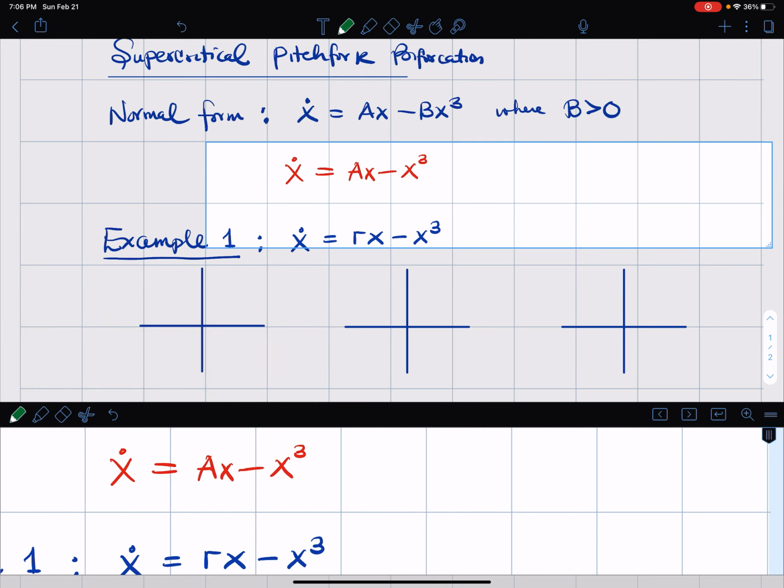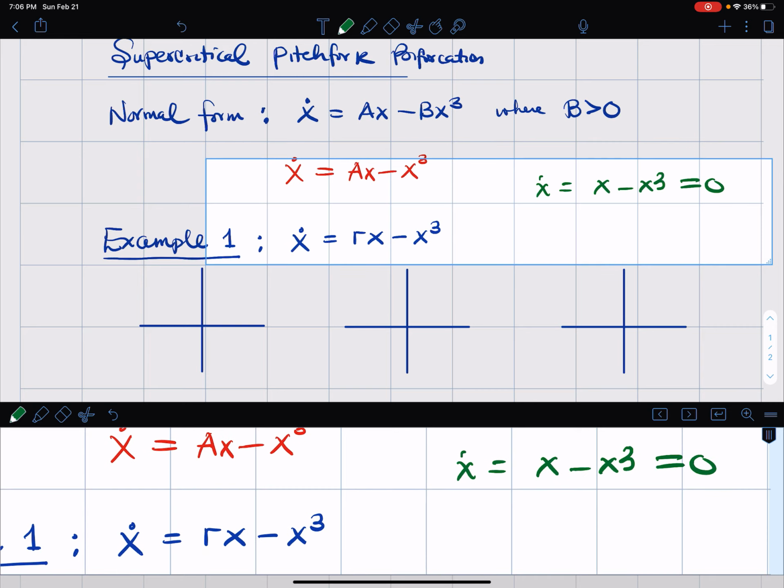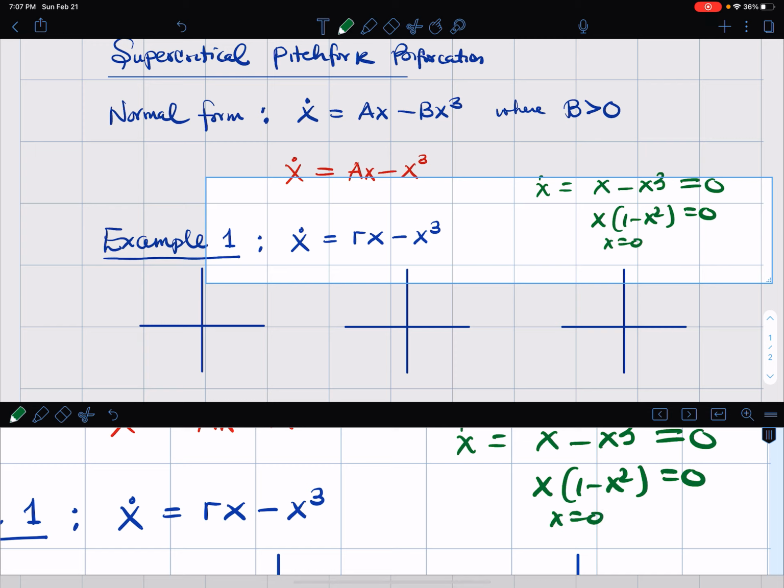If R is 1, we have x dot is equal to x minus x cubed, and then we're going to set it equal to 0, and then we have x times 1 minus x squared. So we just get x is equal to 0, x is equal to 1, and x is equal to -1. All right.